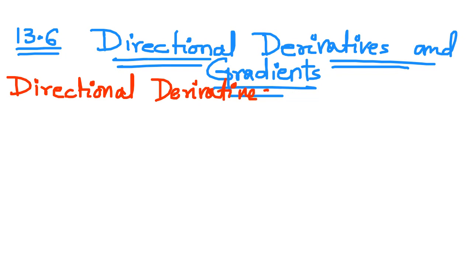What is the definition, or what is the equation for finding the directional derivative? For example, if you have a function of two variables, let me discuss two variables first and then three variables.